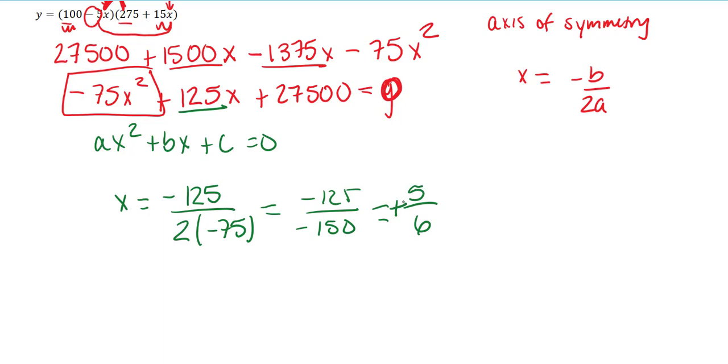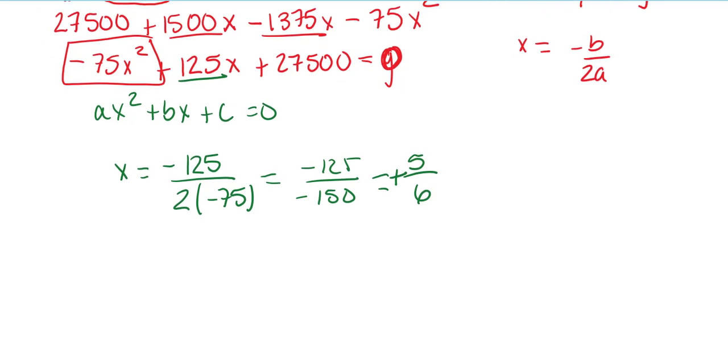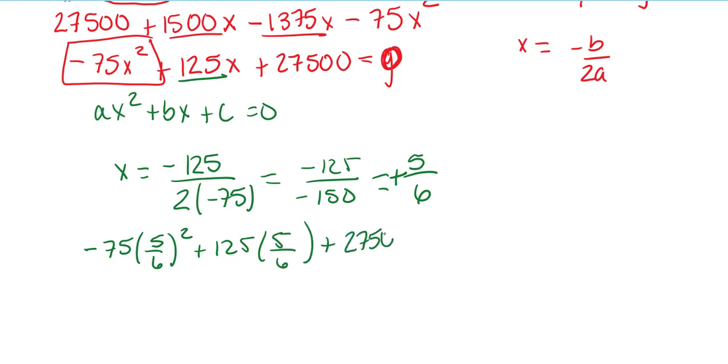Now let's go ahead and plug that in, and we'll get our max profit. So negative 75 times (5/6) squared plus 125 times 5/6, plus 27,500, and we're solving for y.